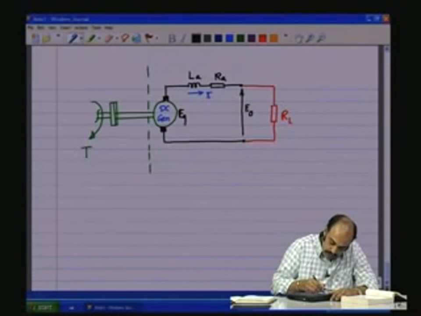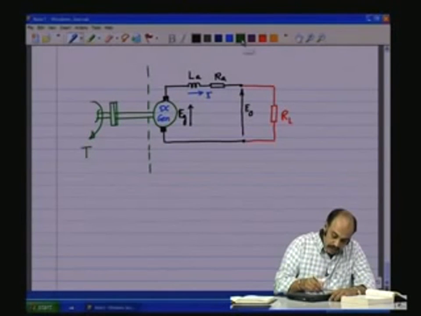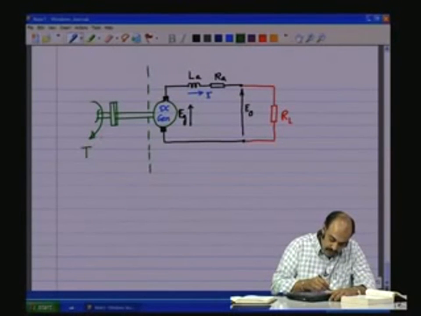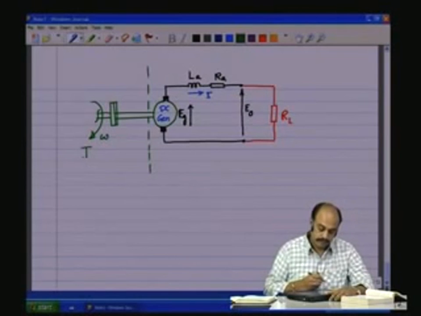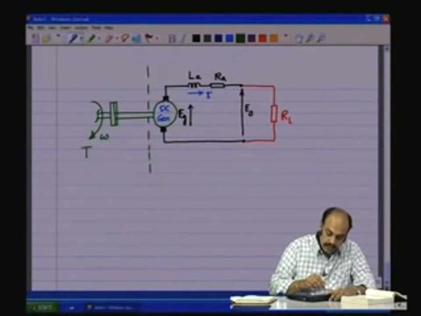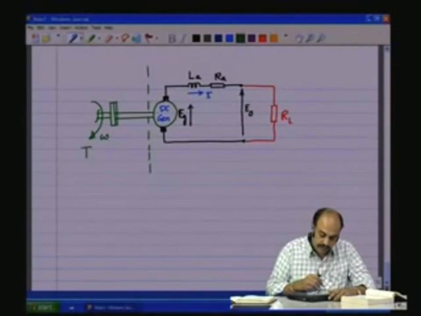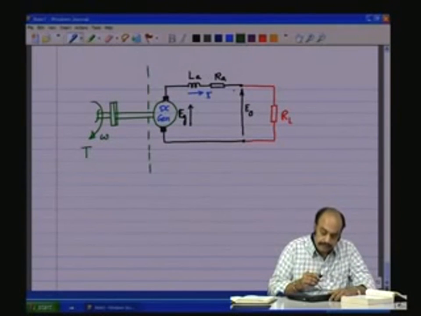E g is generated at this point. Okay, this is the terminal voltage, and this is rotating at a speed omega, and that is being passed into the DC generator and comes out as E naught into I. So, if there is absolutely no loss, T into omega watts goes through the generator, and comes out here as E naught into I.